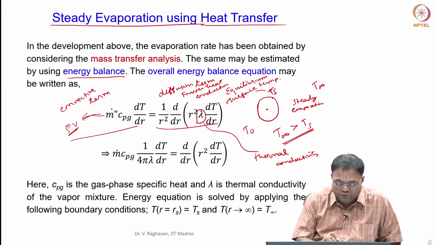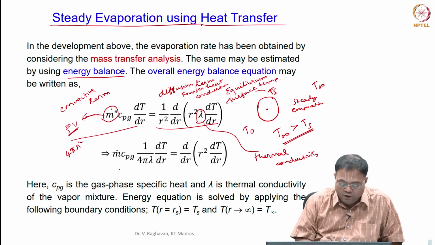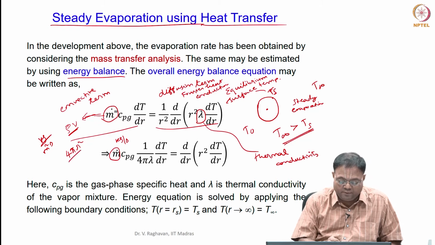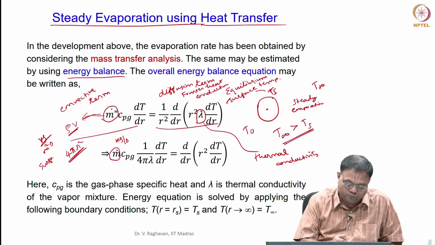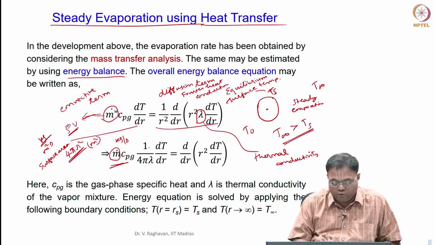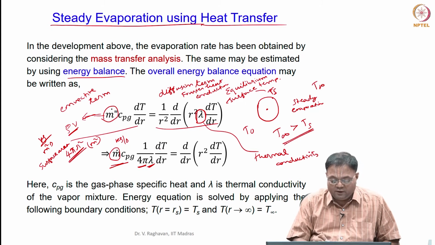Now, the flux you can multiply by 4 pi r squared, the surface area, in order to get the flow rate, that is kg per second. This is actually kg per meter squared second, multiplied by the surface area in meter squared. You get m dot into Cpg, and multiplying and dividing by 4 pi, with properties constant, the thermal conductivity, which was on the right hand side previously, now moves down here, and you get this equation.